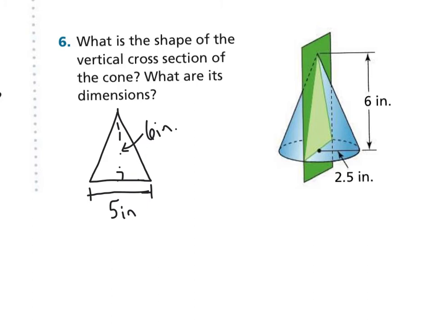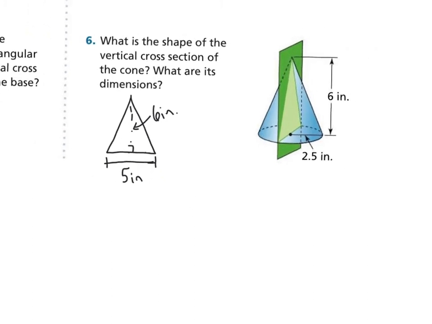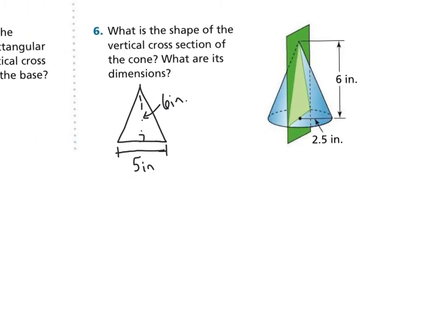We could go a step further if we wanted to, and we could actually think about if we've got this 2.5. Imagine splitting that triangle we just did into half. If we take half of that, we've got 6 inches for the height, 2.5 on the other part, and that would be a right angle.